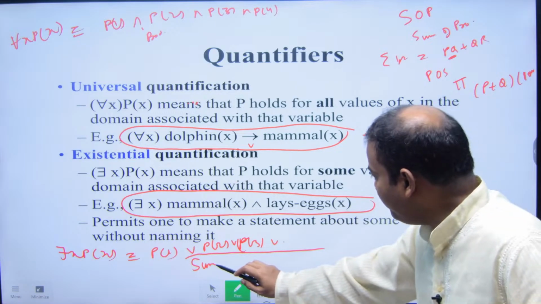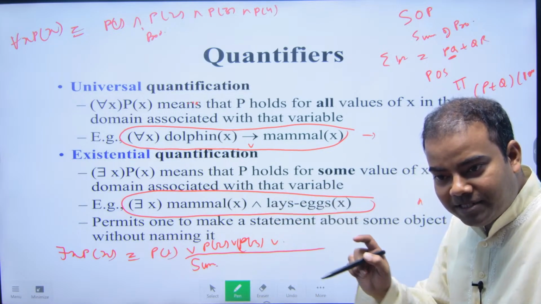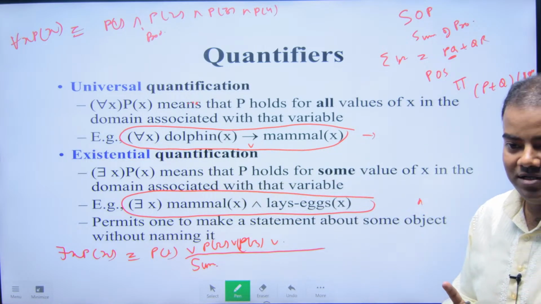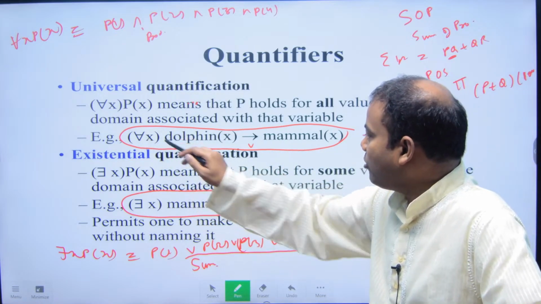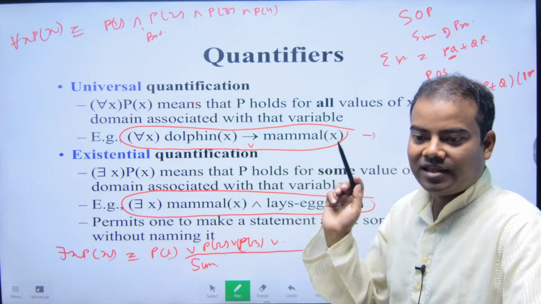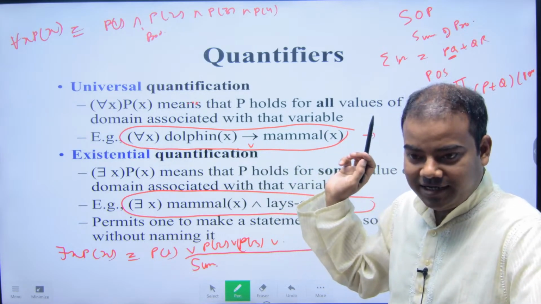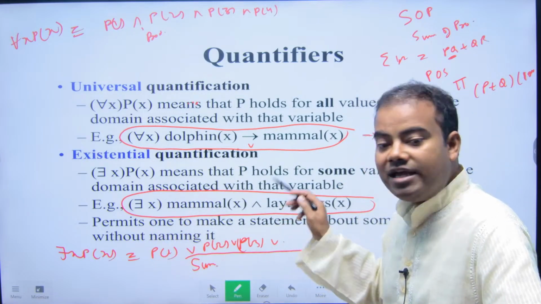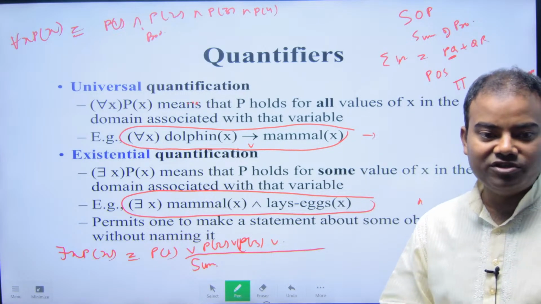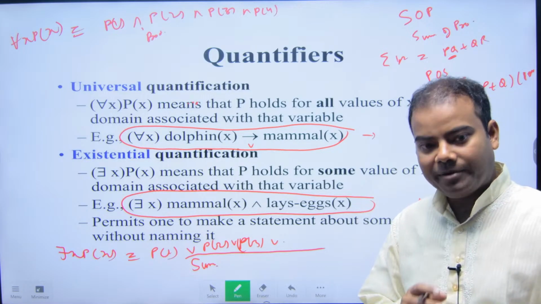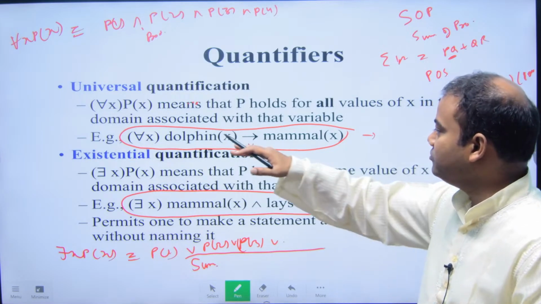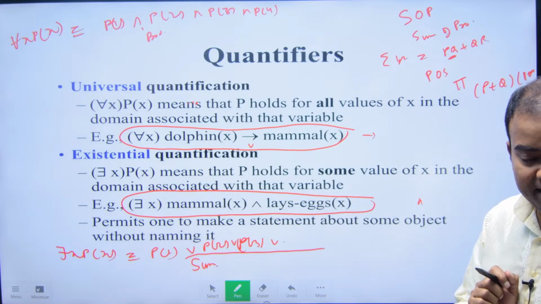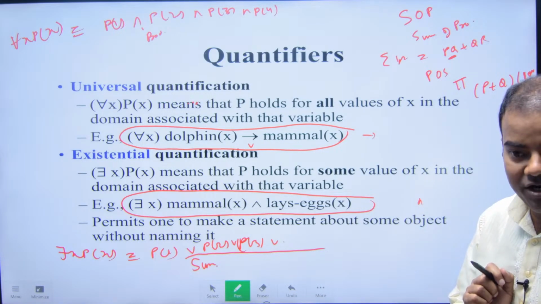So with sum we will use and, means product, and with product we will use this. Is it clear? So with for all normally we will use the arrow and or sign, and with there exists we will use and, for making a meaningful sentence. We can make some sentence otherwise, but meaning will be associated if we write like this. Is it clear? Any doubt?